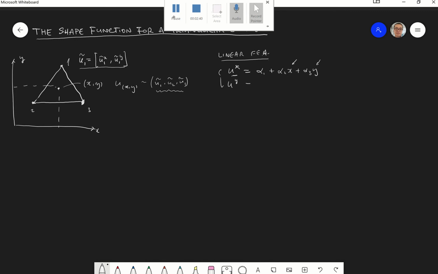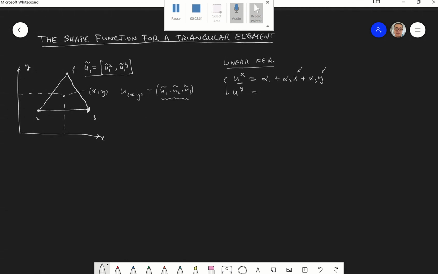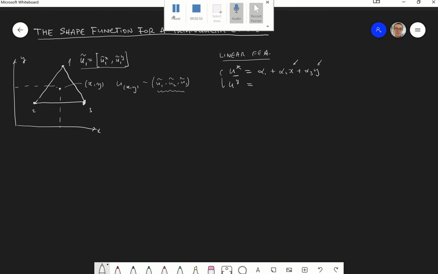So similarly, uy will also be a linear function of the coordinates. In this case, let's say it is given by alpha 4 plus alpha 5 x plus alpha 6 y. Now you can see that the equations for ux and uy are symmetrical, right?